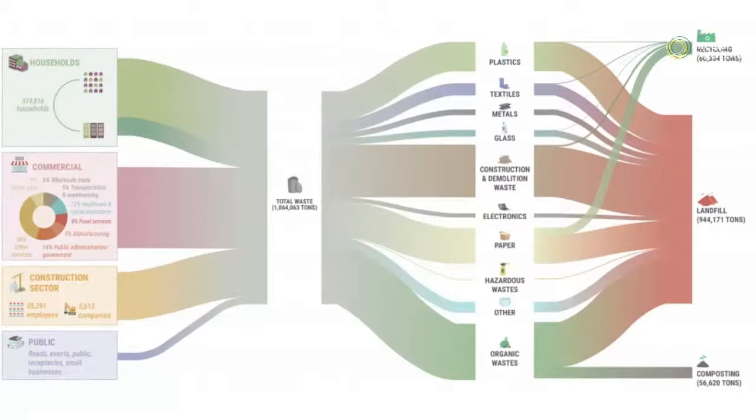And what they did was break down the waste into various components, as you can see, starting with plastics, going on to textiles. I don't need to read off the list. You can follow it yourself. A couple of components worth noting would be electronics and paper, and then lastly, organic waste.